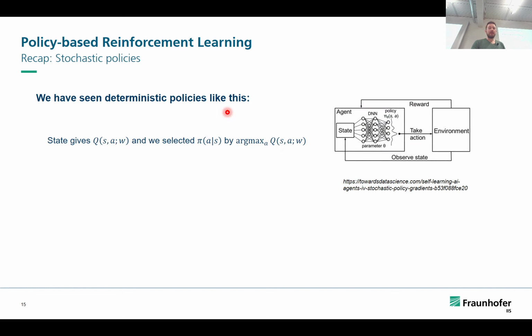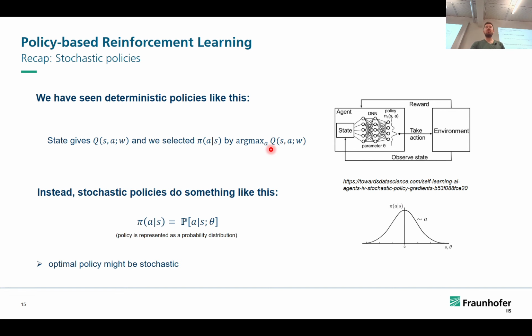So for value function approximation, things were a bit different. So you approximate the value function and then typically selected the action that corresponded to the maximum Q value. So this was more like a deterministic policy. If you introduced the epsilon-greedy action selection, you had some stochastic elements in there, but still mostly deterministic.